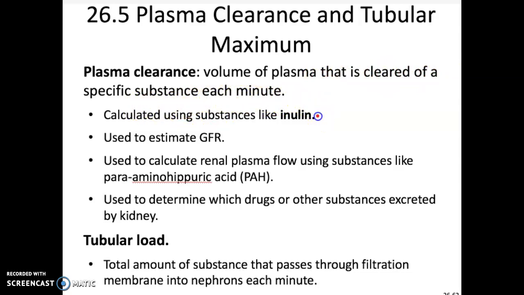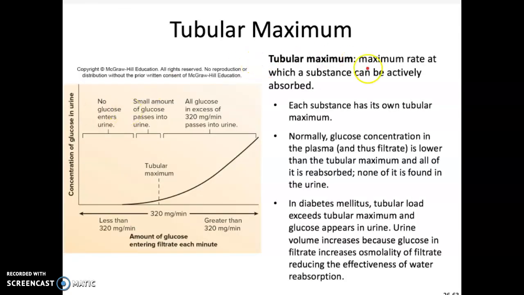The ideal substance is going to be inulin, and we have two more important concepts. The tubular load is the total amount of substance that passes through the filtration membrane into the nephrons each minute, and this should be less than the tubular maximum, because the tubular maximum is the maximum rate at which a substance can be actively absorbed.